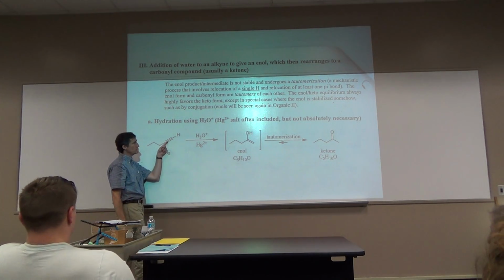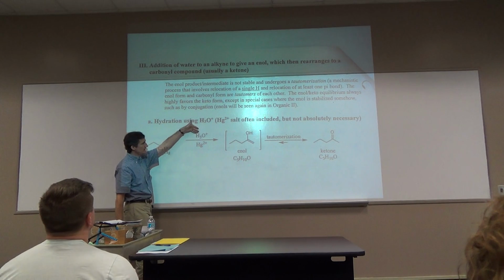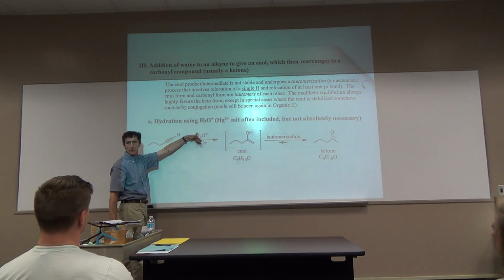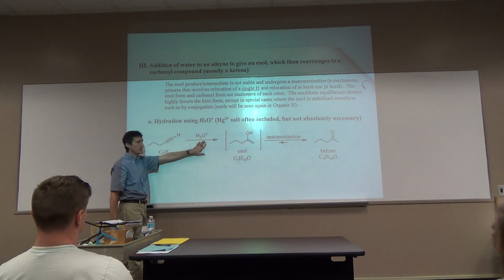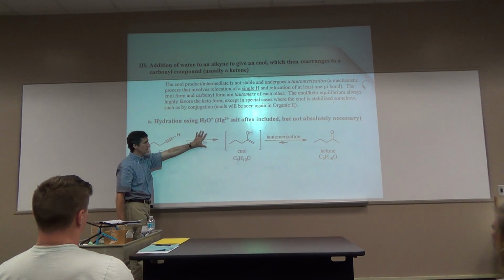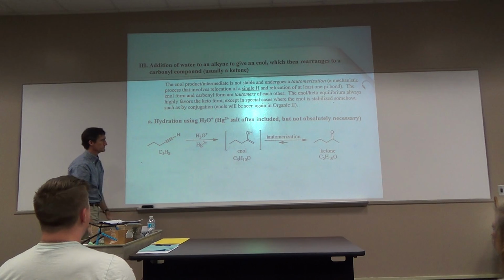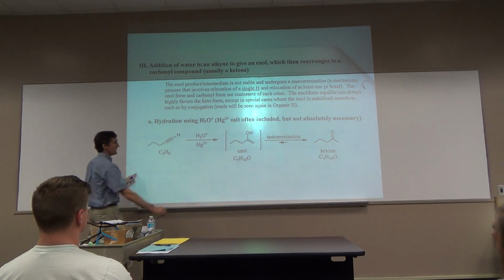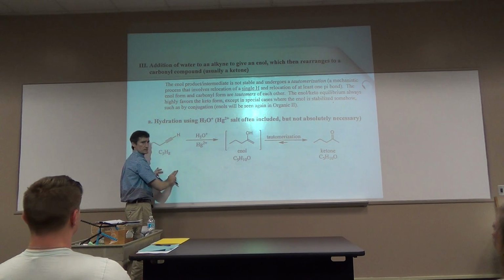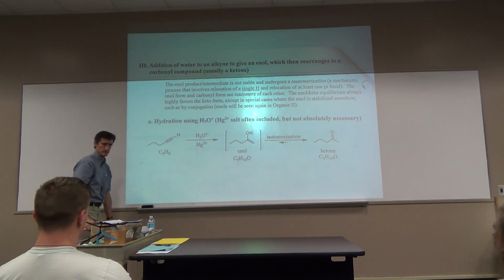With alkynes, you typically combine aqueous acid and also include the mercury, like mercury acetate. Historically just combined here. When I do the mechanism, I'm not going to use the mercury. I'm just going to do it as if it's just H3O+, though you may see mercury included.